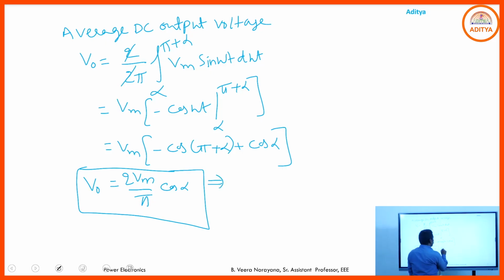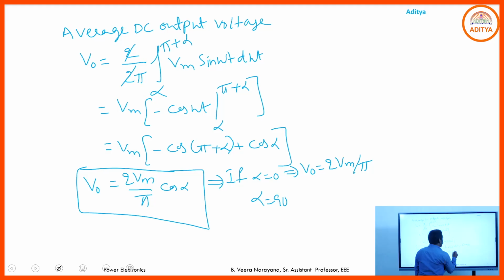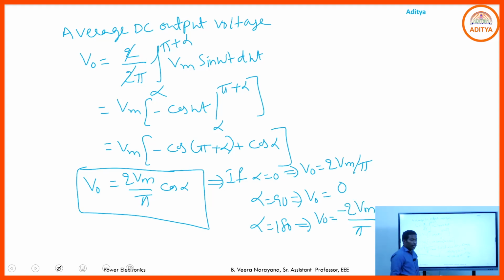From this you conclude, if you maintain alpha equal to 0, what are you getting? V naught is 2Vm by pi. If alpha equals 90, V naught is equal to 0. If alpha equals 180, V naught is equal to minus 2Vm by pi. It's very clear.